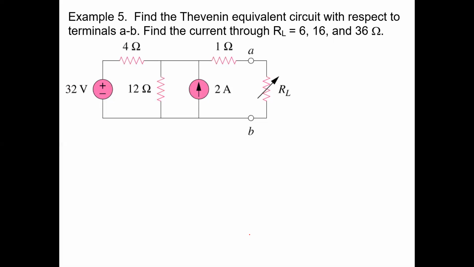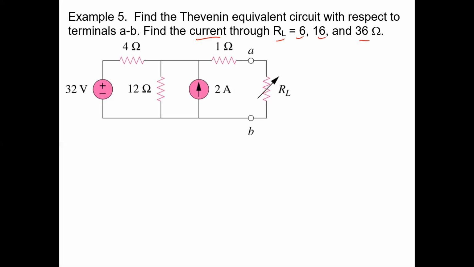So here's the situation, and we're asked in example 5 to find the Thevenin equivalent circuit with respect to terminals A and B. And having done that, you'll see that knowing what the Thevenin equivalent is, it's real easy to find out what the current is through the load resistor for a bunch of different values of RL.